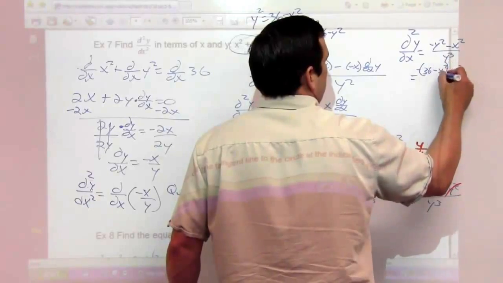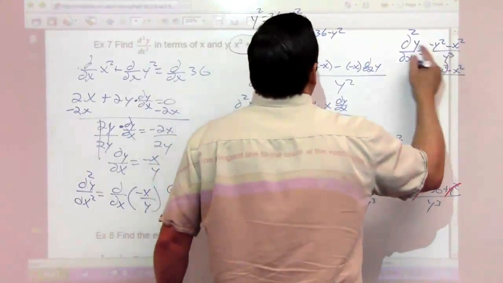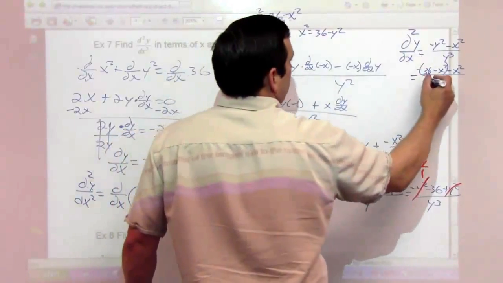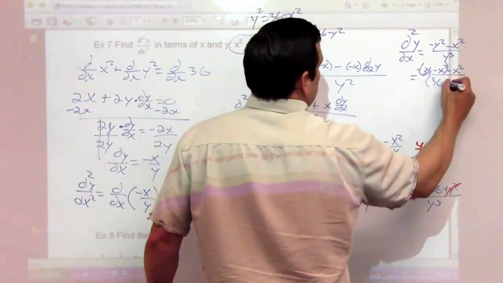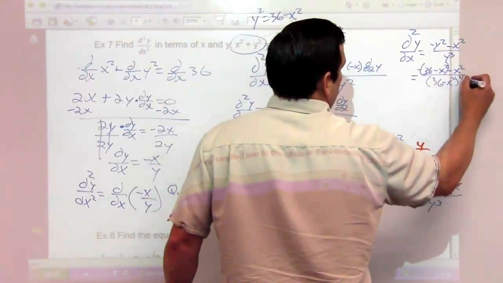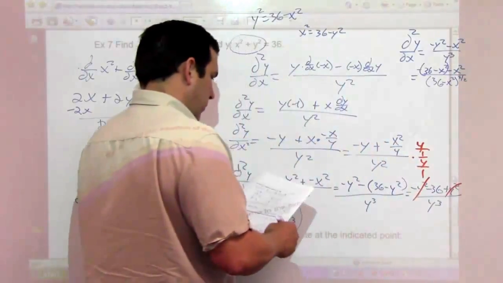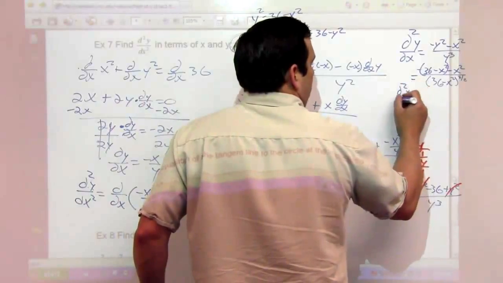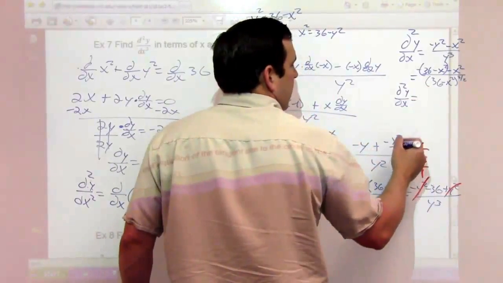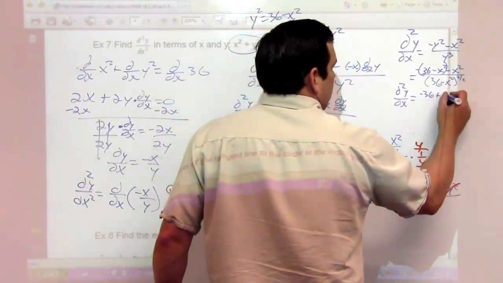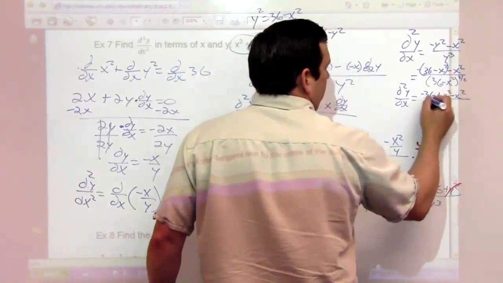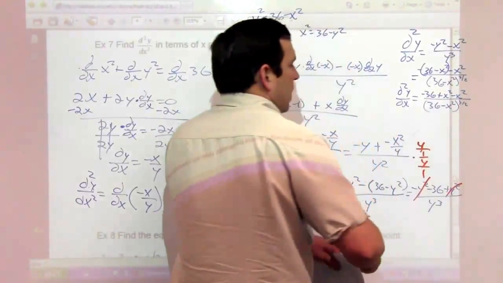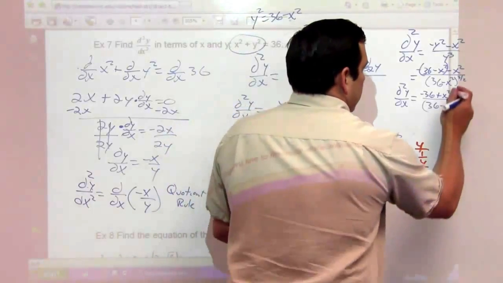This is negative though. Over, and that's y squared equals this. So y cubed would be 36 minus x squared to the 3/2. So our second derivative of y with respect to x in this case would be negative 36 plus x squared minus x squared over 36 minus x squared to the 3/2. The x squareds go away.